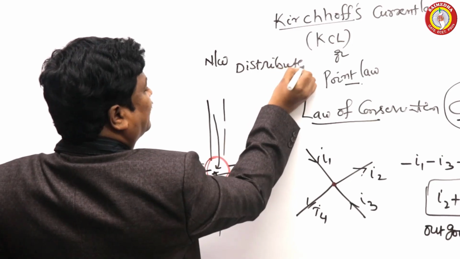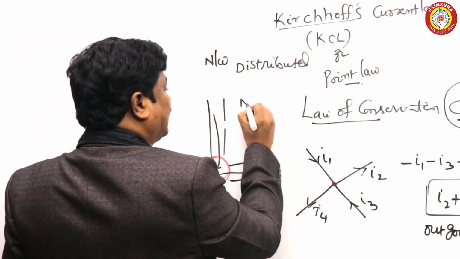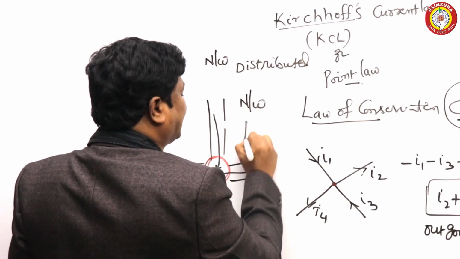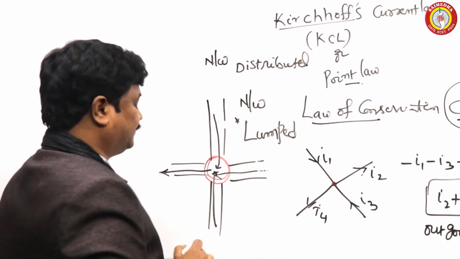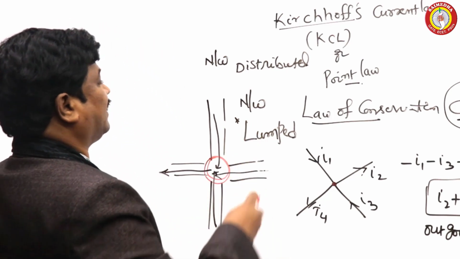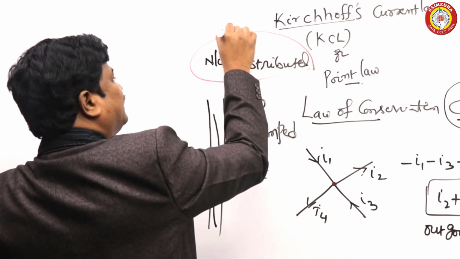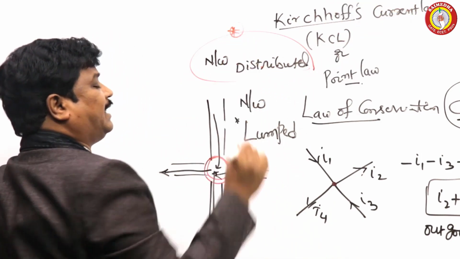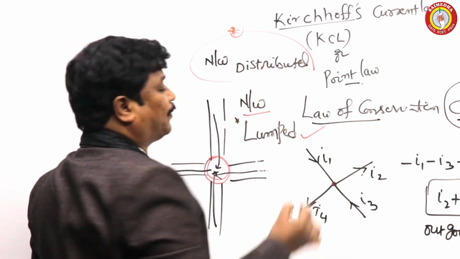If the network is a lumped network, only then can we apply. So the limitation of Kirchhoff's laws, either for KCL or KVL, is that they are not possible to apply for distributed networks, but they are applicable for a lumped network.